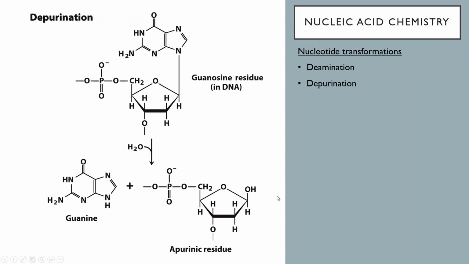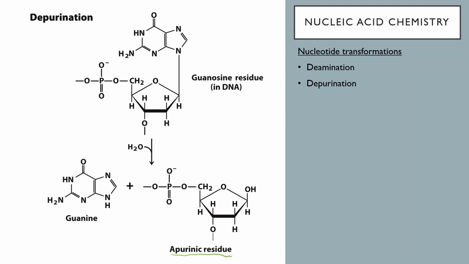Another type of nucleotide transformation that's important is called depurination. So remember, purines are just the adenines and guanines, and so there are various reactions that can essentially break off the purine from the ribose, and so you can end up with this apurinic residue, which is just now the nucleotide without that purine there.